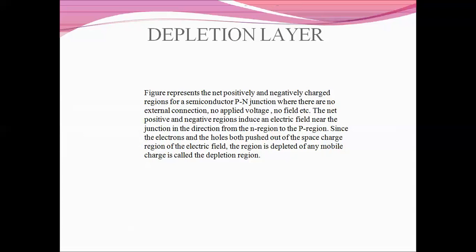The net positive and negative regions induce an electric field near the junction in the direction from the N region to the P region. Since the electrons and holes are pushed out of the space charge region by the electric field, the region is depleted of any mobile charge and is said to be the depletion region.